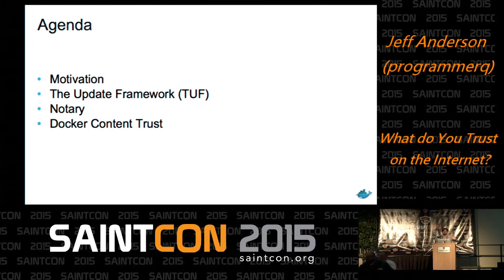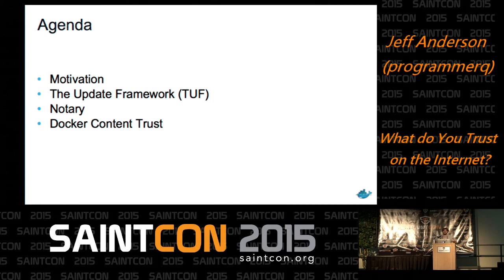Basically, the motivation behind the Content Trust feature was to provide some guarantees to these things that you download to run in Docker, the Docker images. And it uses a specification called The Update Framework, which is a generic specification for a way to build a secure software updater.